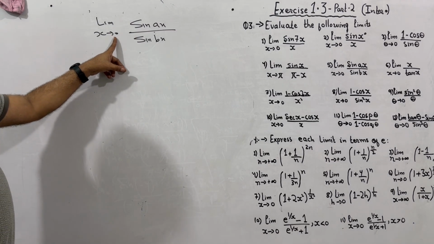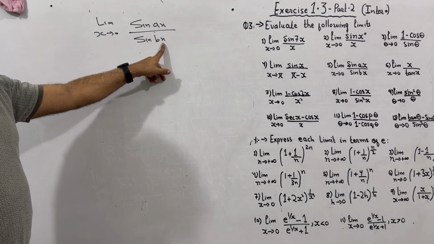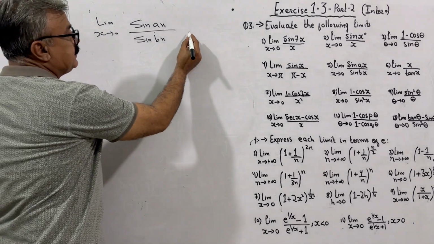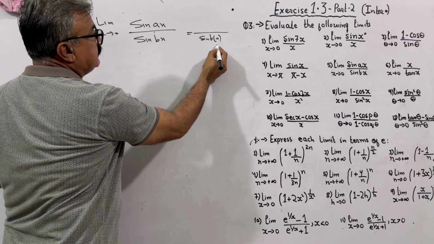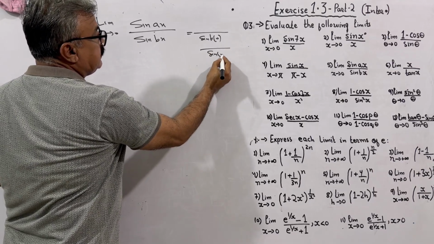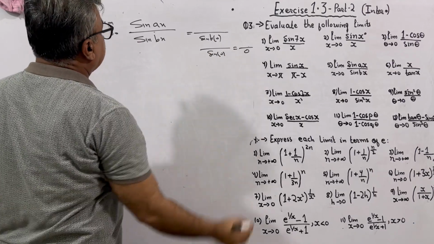Put the direct limit: b times 0 is 0 and sin 0 is 0. So here again the denominator is 0. Sin 0 is equal to 0. Get rid of this one.